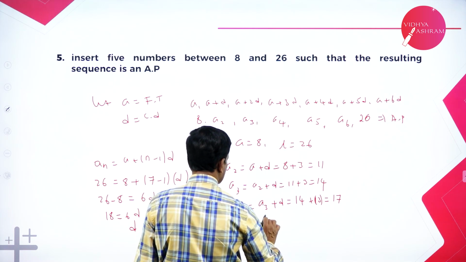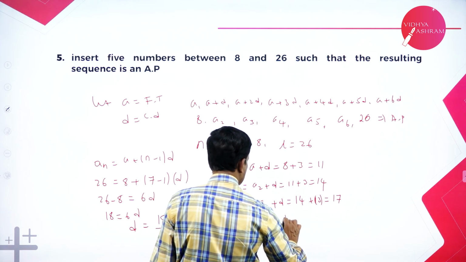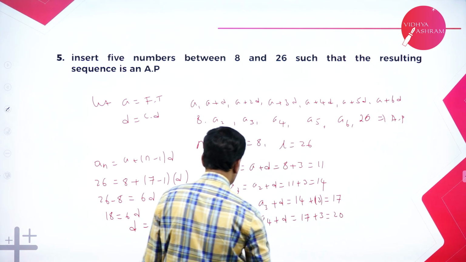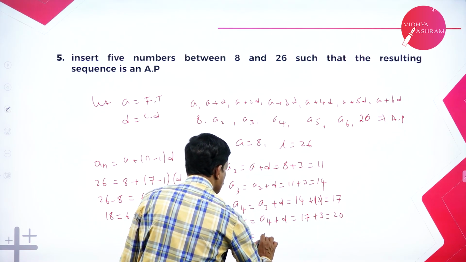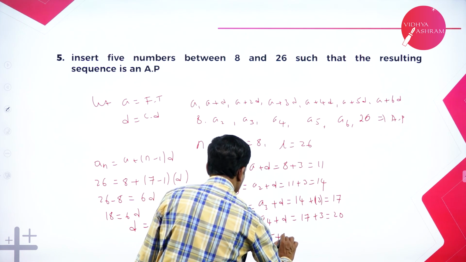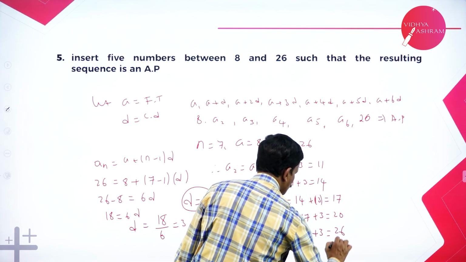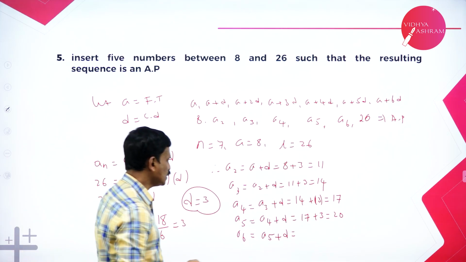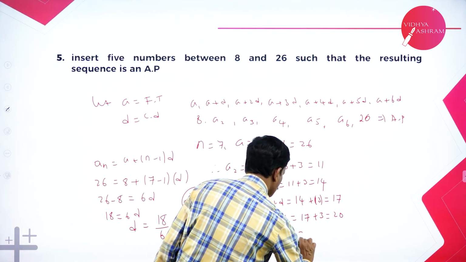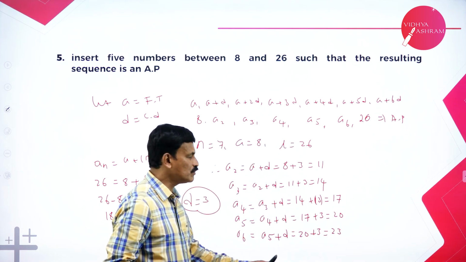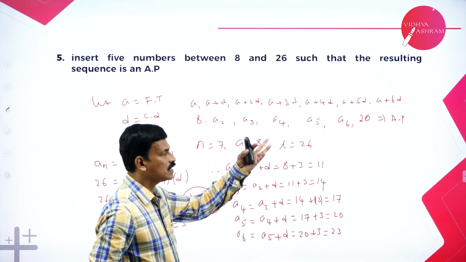A5 is equal to A4 plus D, that is 17 plus 3, equal to 20. A6 is equal to A5 plus D, 20 plus 3, equal to 23. Obviously the next term is 23 plus 3, which is 26.